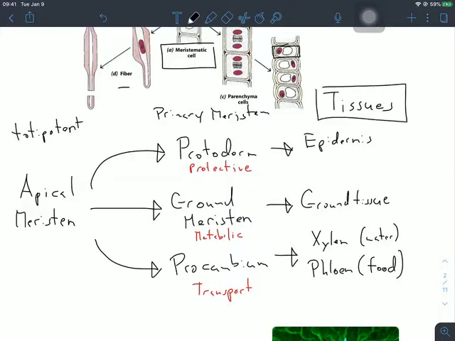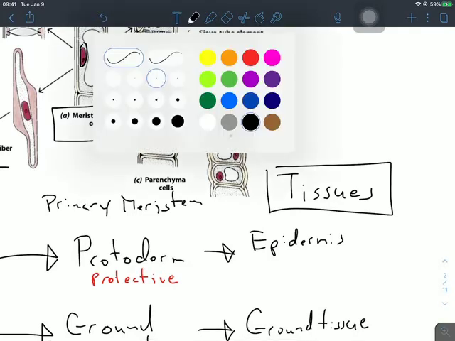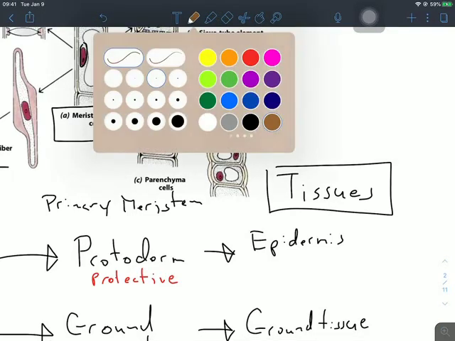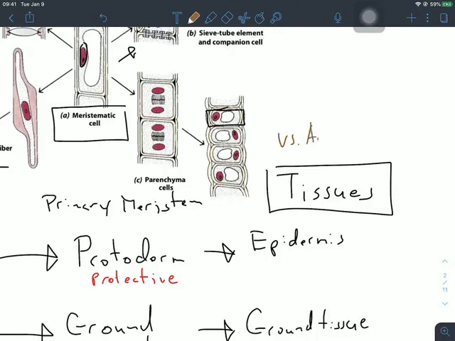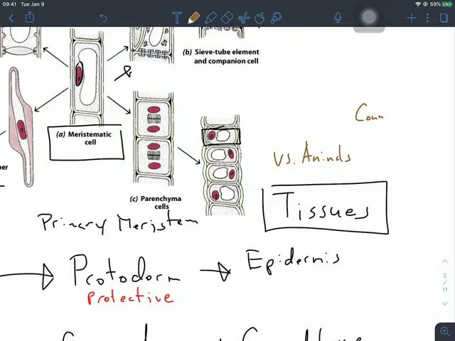You can compare these to the 4 different tissues in animals. In animals, the 4 different tissues are our connective tissue, the stuff that makes up our blood and bones, the nervous tissue that makes up our nerve cells, our muscle tissue that makes up, guess what, our muscle, and our epithelial tissue that makes up our skin.